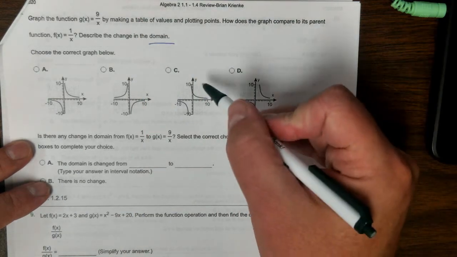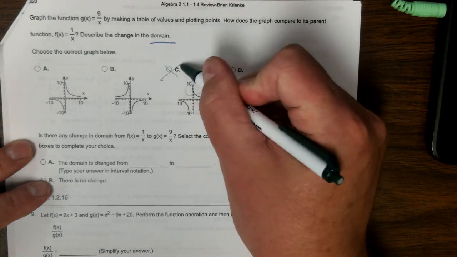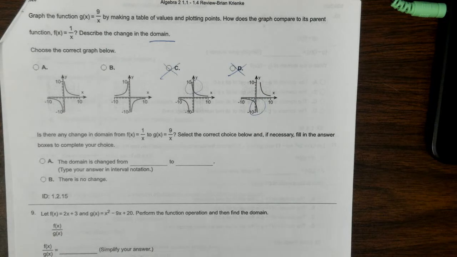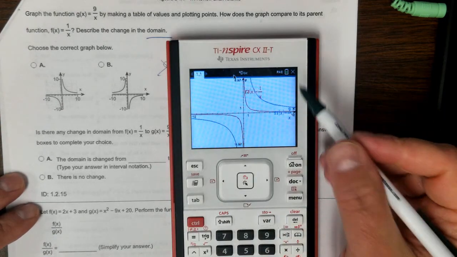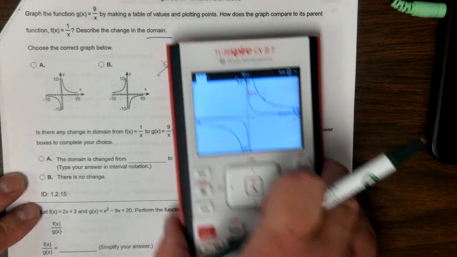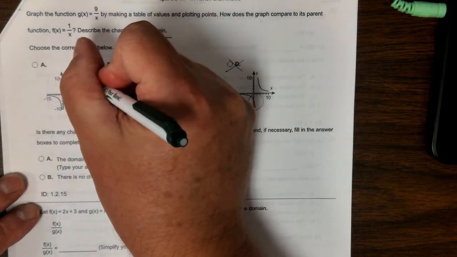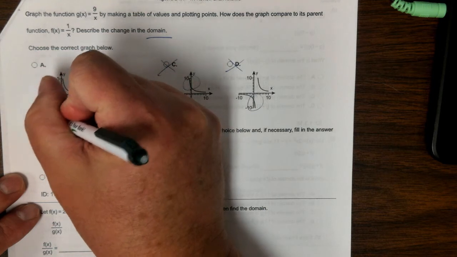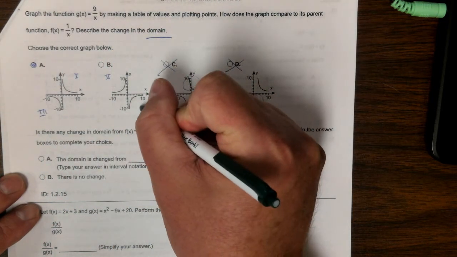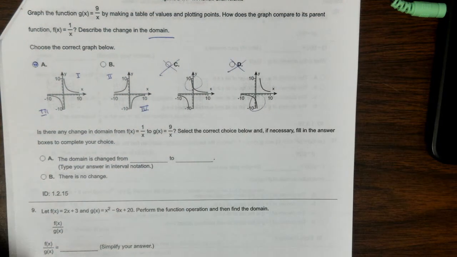So it's not anything that overlaps, so it's neither of those, and it's in this quadrant and this quadrant, so quadrants 1 and 3. This would have been 2 and 4. So that'd be if you had a negative.